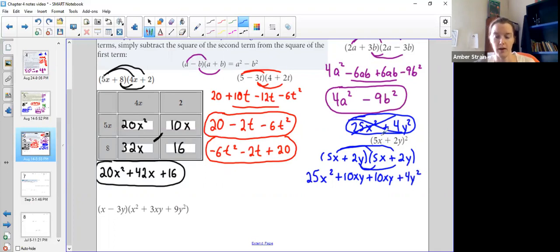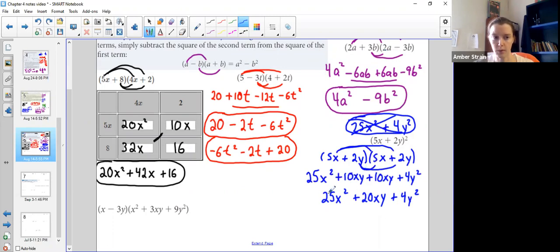Anytime you have a binomial squared, plus or minus anything, if you ever have two terms squared, you will always, always, always end up with a final answer of 3 terms. The two will always combine, and you will never, ever get them to cancel, because the only way to make them cancel was with a plus and a minus, and if you're squaring it, they will have the same, not opposite.